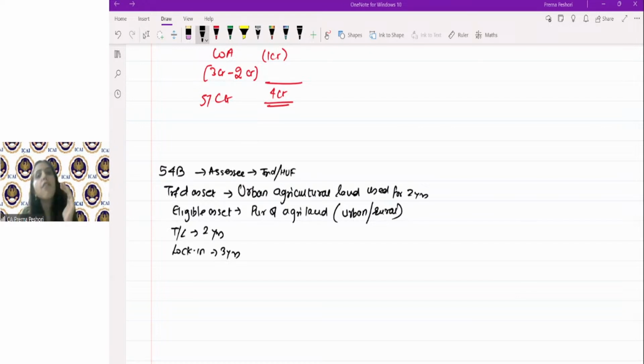So let's say I have capital gains exempted earlier of 3 lakhs and I have invested in a new agricultural land of 4 lakhs, then if it is transferred for, let's say, 6 lakh, 6 lakh minus the cost of acquisition will be 4 lakh minus the earlier exempted capital gain of 3 lakh. So 1 lakh only will be considered. Same as what we did in 54.